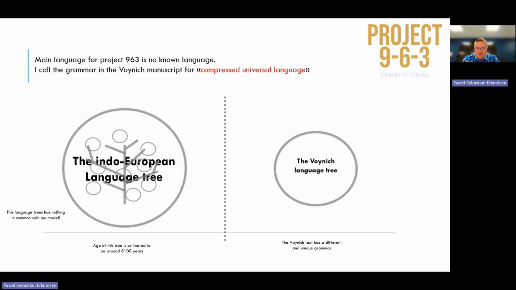So in this project, we chose to go in a different direction. As I will explain, the grammar in the Voynich manuscript is called, in this project, compressed universal language, since it's unique and original, as far as we know.